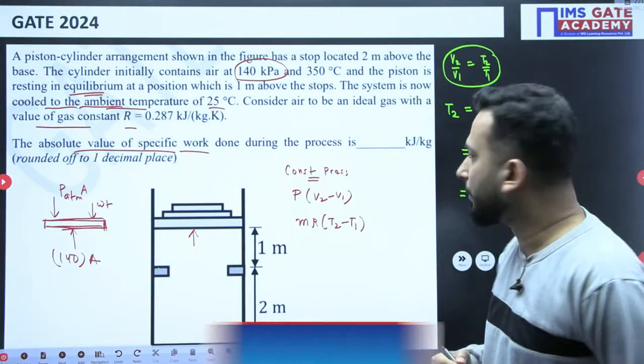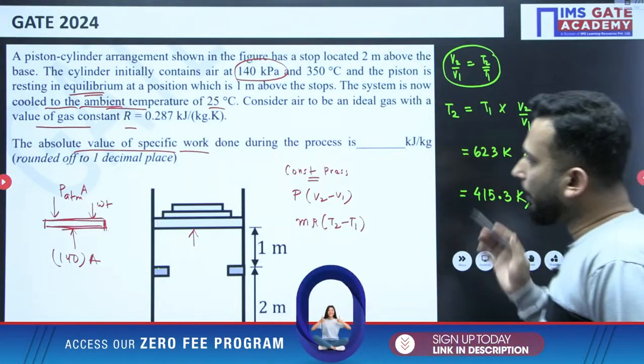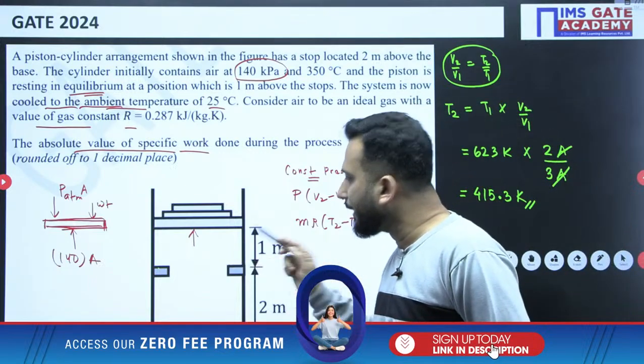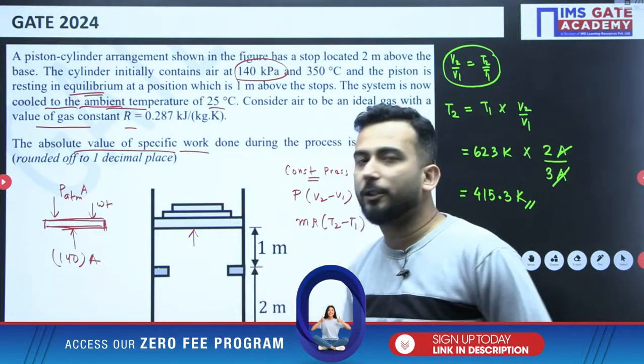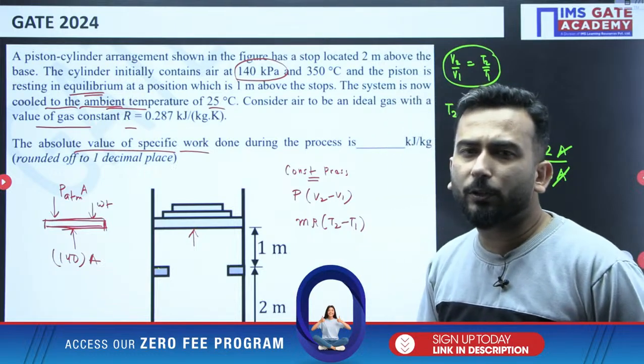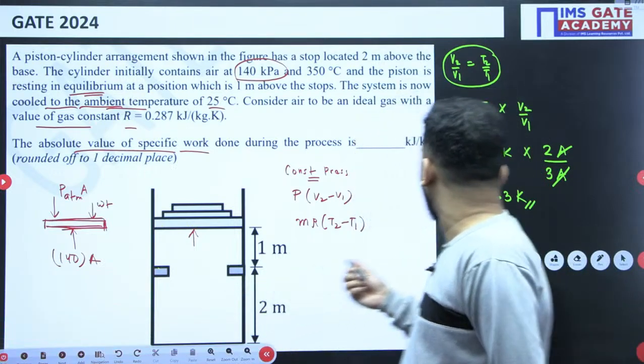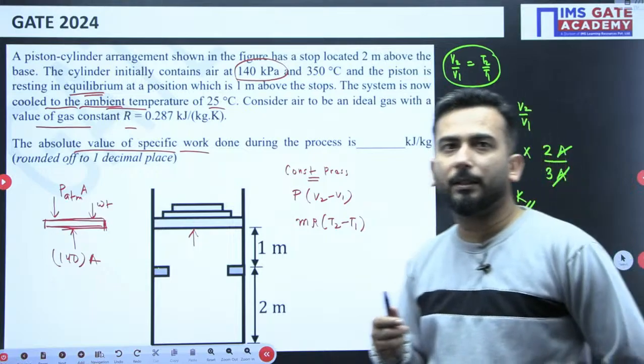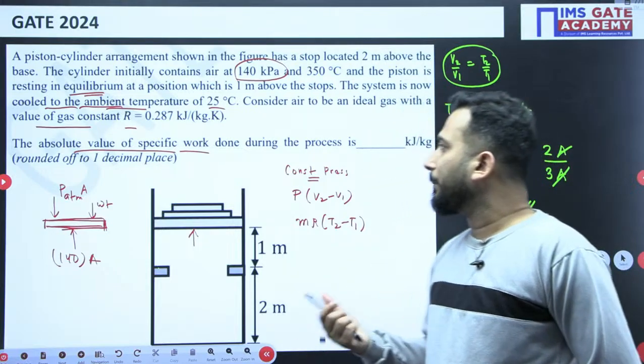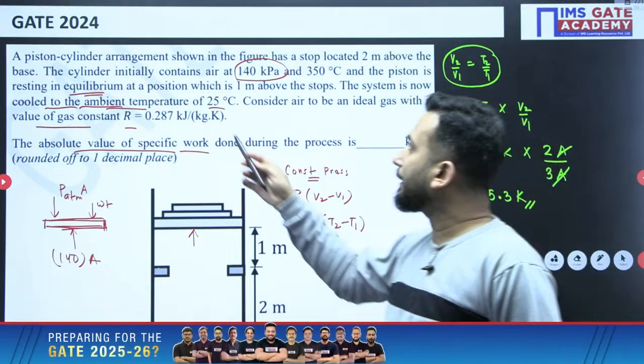So now I know that when the piston will just reach the stop at a constant pressure, the temperature will come to 415 Kelvin.